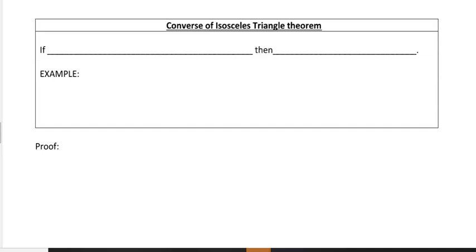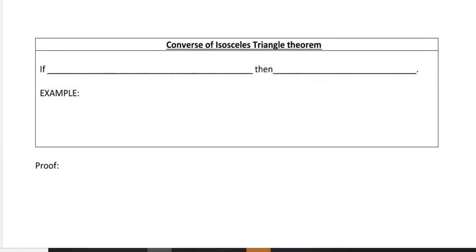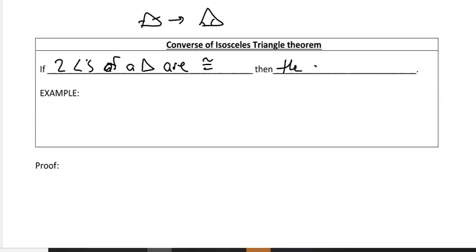What does the converse of the isosceles triangle theorem say? Well, if the actual theorem says if the sides are congruent, then the angles are congruent, what is the converse of that? Instead of saying if the sides are congruent, then the angles are congruent, the converse says if two angles of a triangle are congruent, then the opposite sides are congruent.